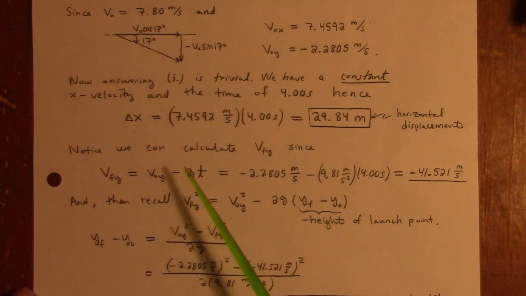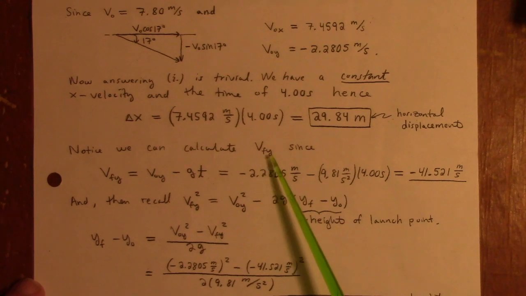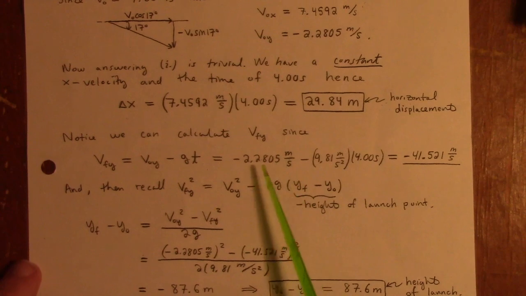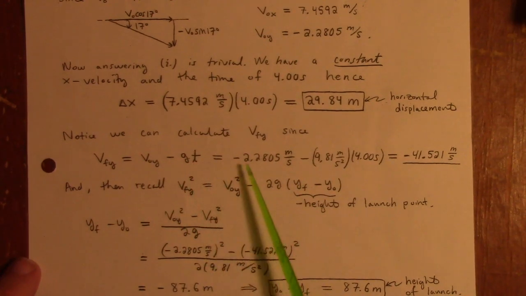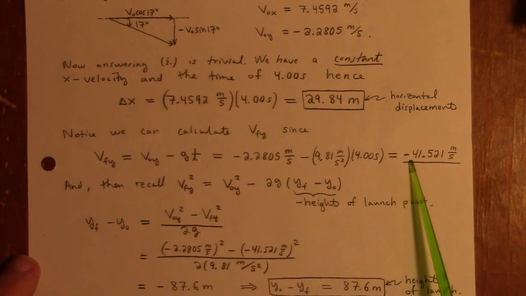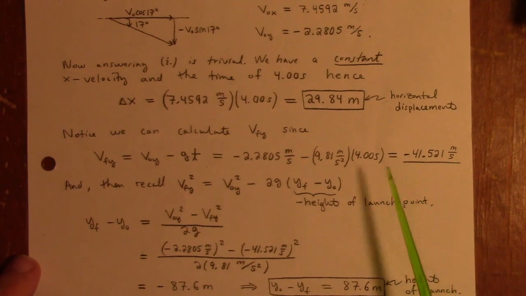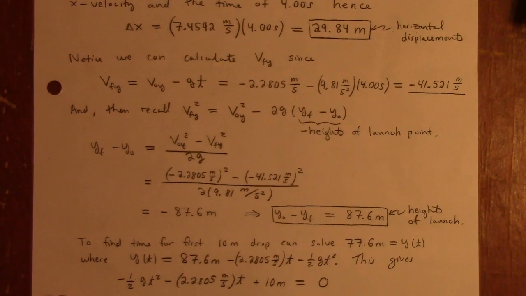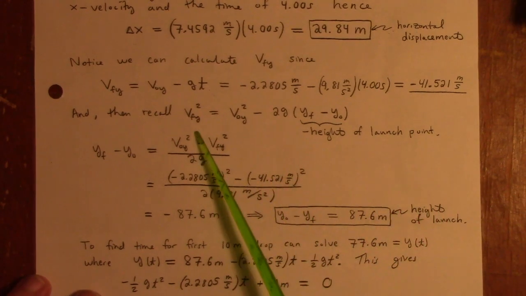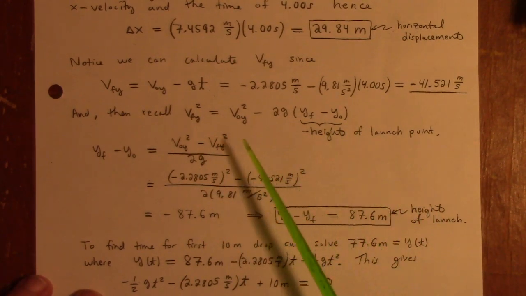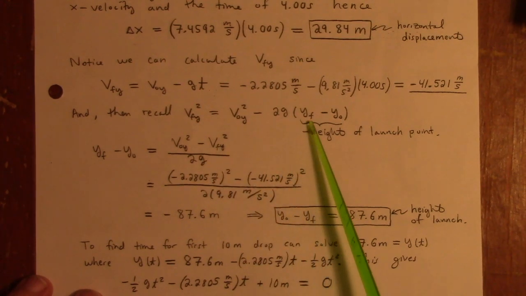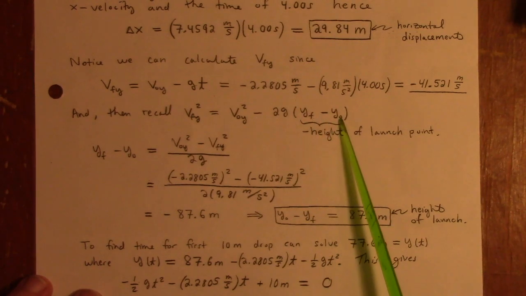And we can also calculate the final y, because we also know it takes 4 seconds, right? So v naught y minus gt, which plug in the numbers, you get minus 41.521 meters per second. But once I know that, then I can use the timeless equation to get the height, because vf squared is v naught y squared minus 2g yf minus y naught, which is the height of the building relative to the ground, y naught.